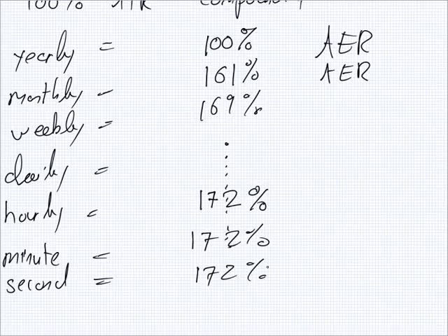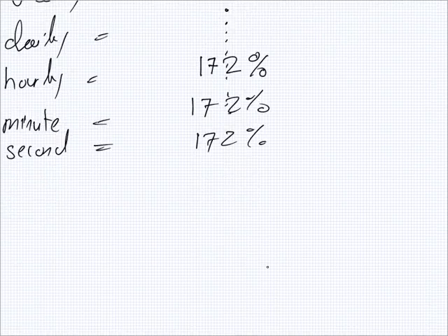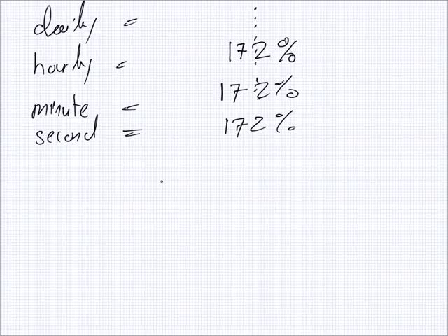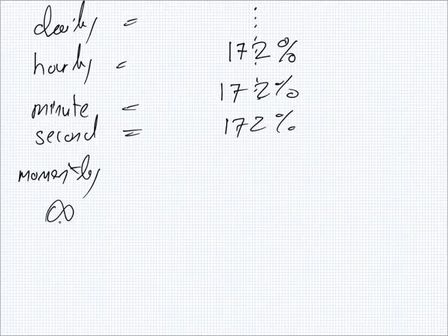So let's imagine we could keep increasing the frequency. Instead of secondly, we had every tiny amount of a second. What's the word? Every single moment. Momently. Yeah, okay. So this is like infinitely small. The percentage you would get is, hang on, let me think.